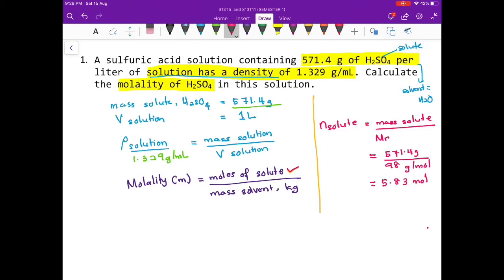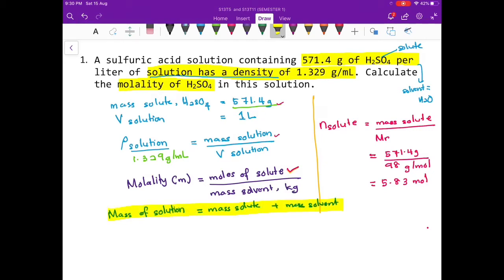We have the mass of solute, and also we have a formula that relates to the mass of solution. Another formula that you have to remember is mass of solution is equal to mass of solute plus mass of solvent.